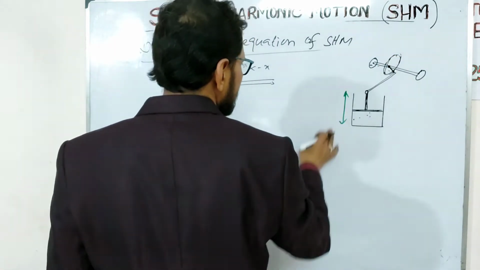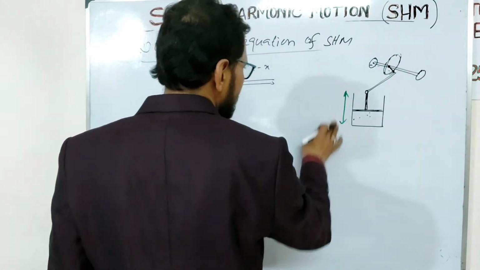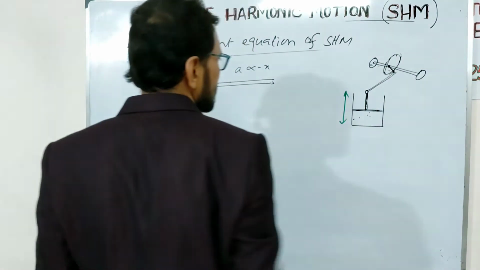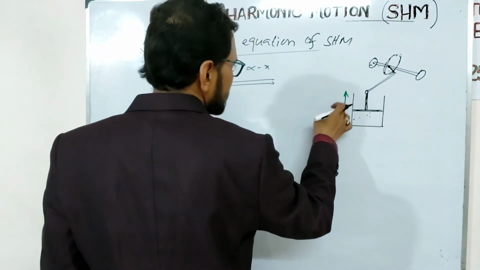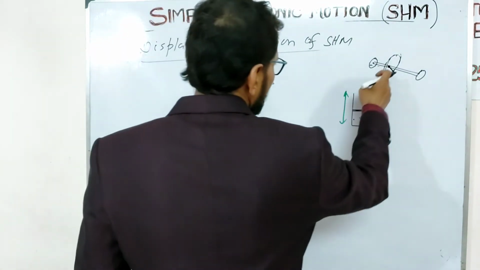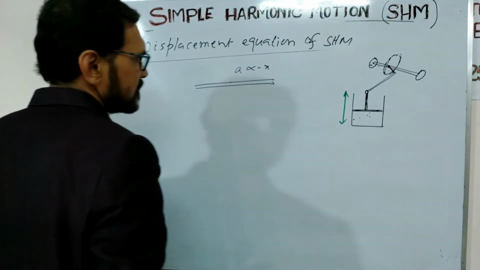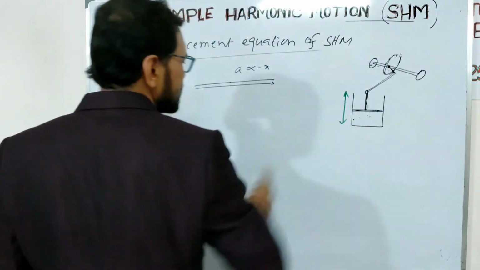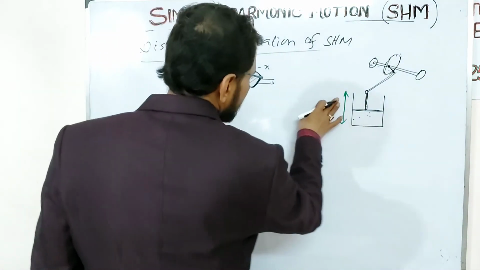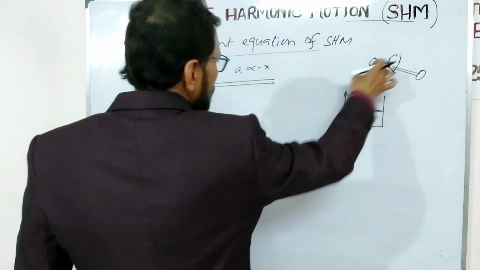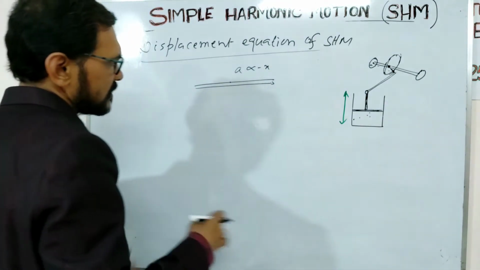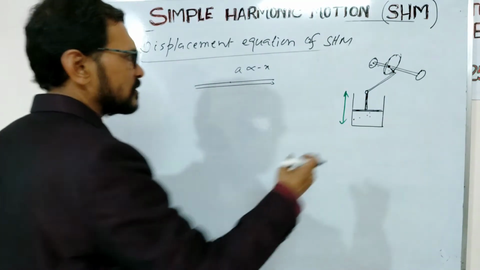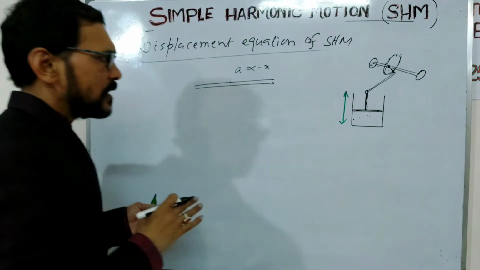So this is linearly moved, but this is in circular motion. This way, linear motion is converted to circular motion, so there is a relation between angular motion and linear motion. For each linear motion, there will be a corresponding angular motion. We can convert linear motion into angular motion by a suitable mechanism.